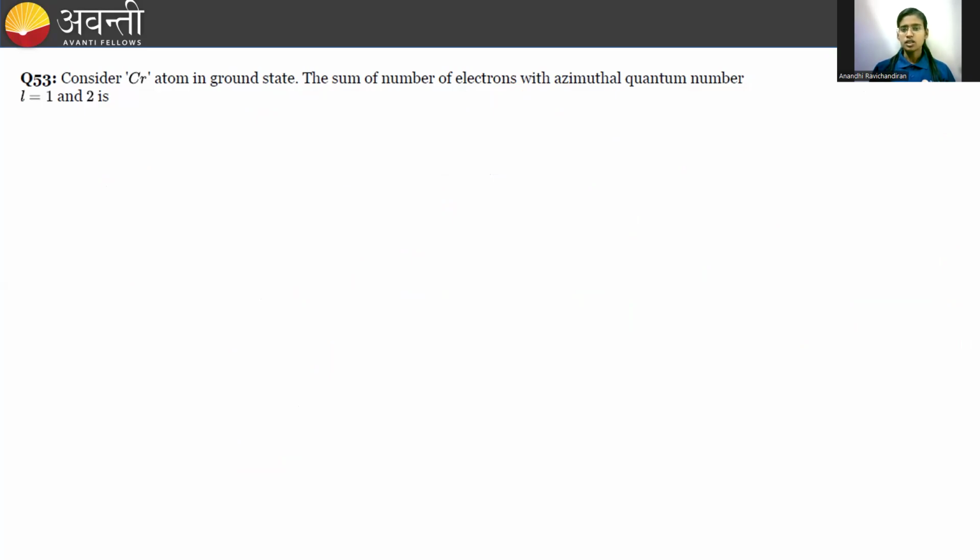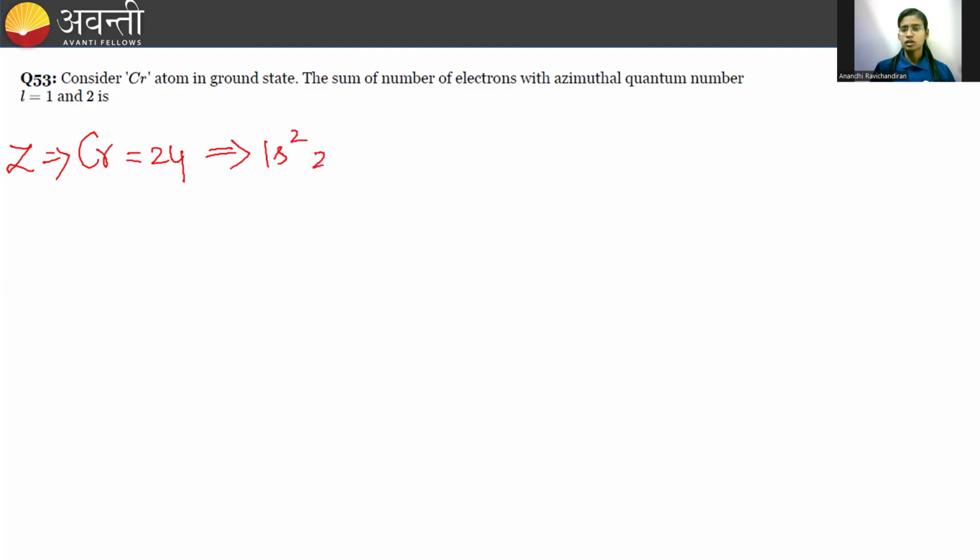To find this, first of all, we have to know the electronic configuration of chromium. For that, we need the atomic number of chromium, which is 24.